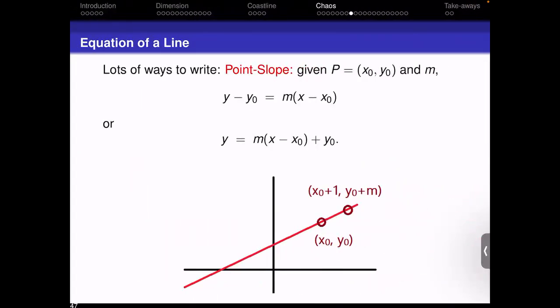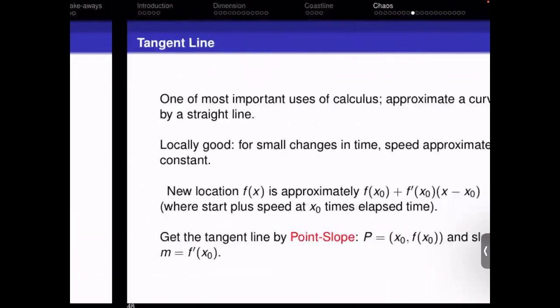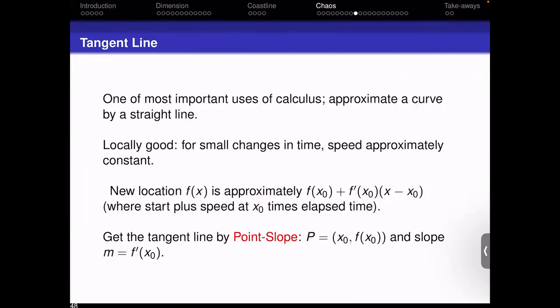And again, this way we can review a little bit of our calculus. We love point slope. If I want to write the equation of a line, y minus y naught equals m times x minus x naught, if my line is not vertical. Here's my slope vector 1, m. I'm just moving over. The big idea in calculus is that the tangent line locally does a great job of approximating your function.